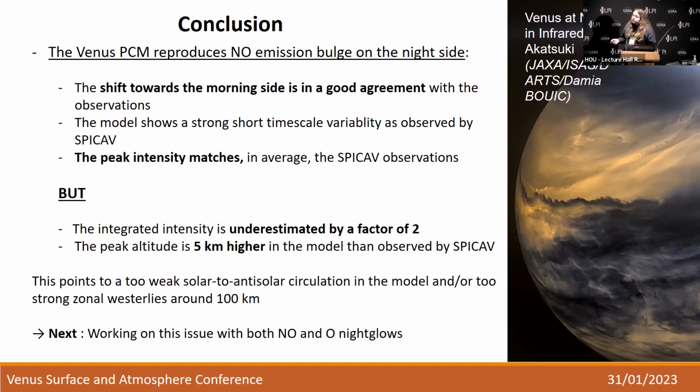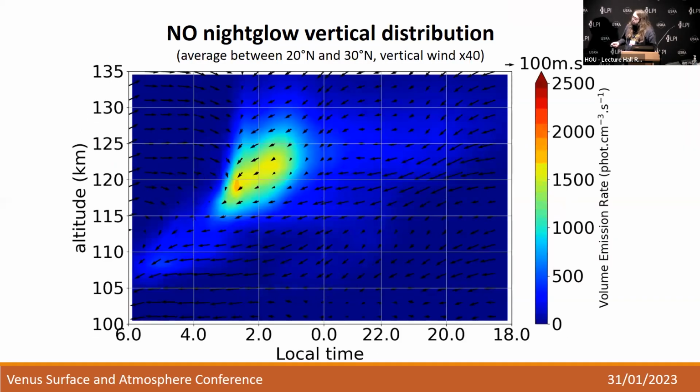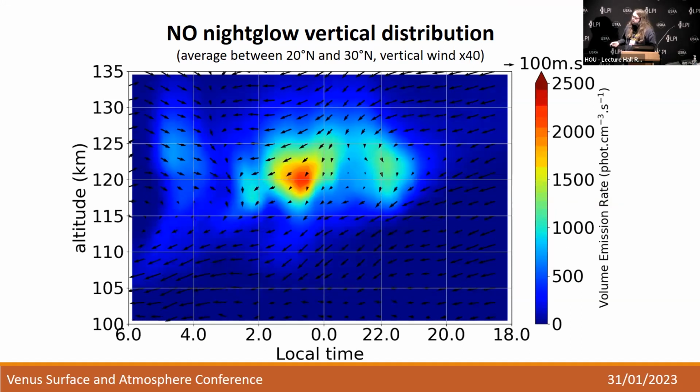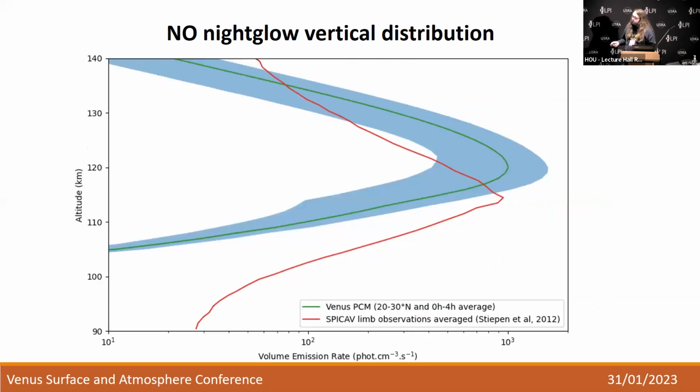If we can give some hints about what we can improve, we can think about the solar to antisolar circulation. We also have something a bit strange: around 100 kilometers, we have superrotational winds that should not appear, and we don't really know why for now.